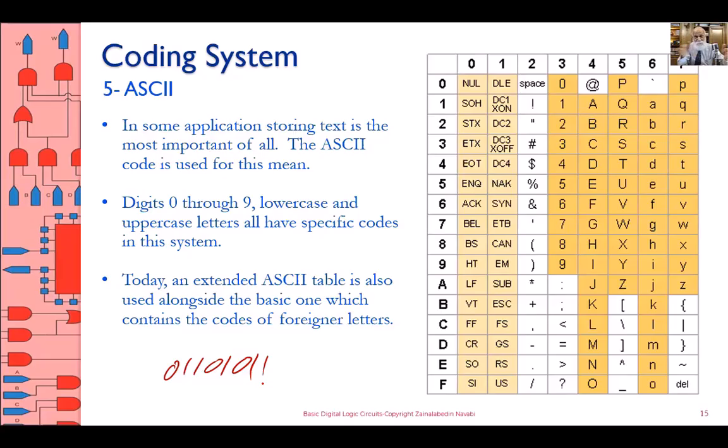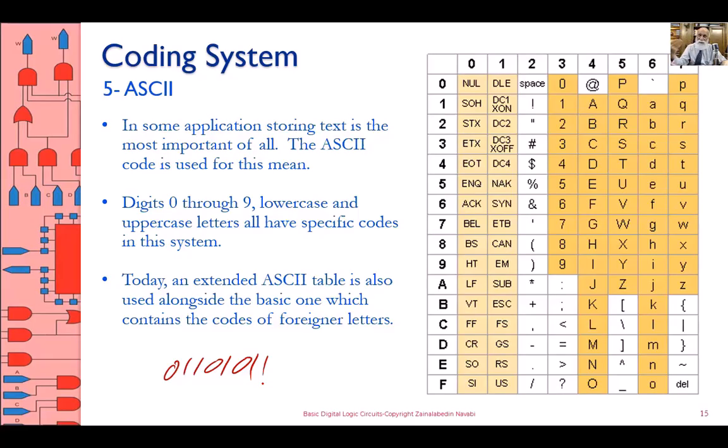Maybe this is part of a 32-bit number. Or maybe this is not a number at all. Maybe it's a code. Maybe it's a coding system of some sort. Or maybe in the digital system you're looking at this, this is really a character.